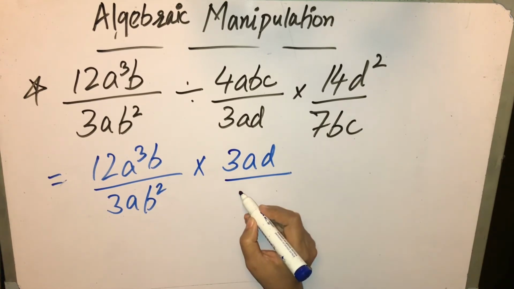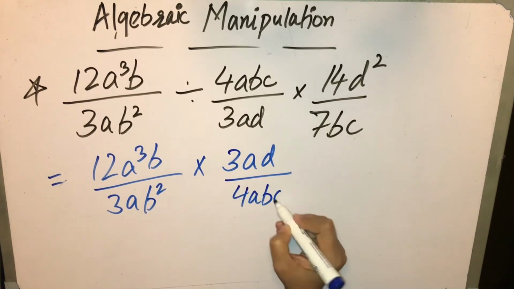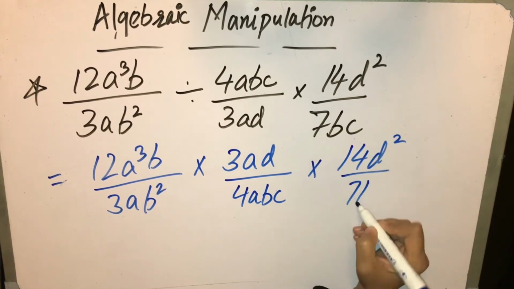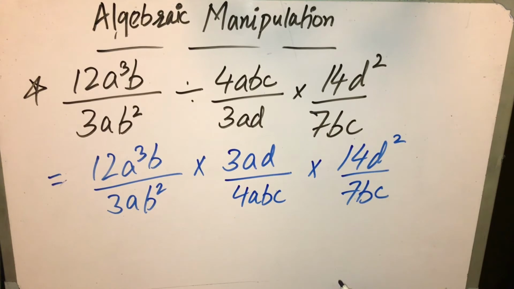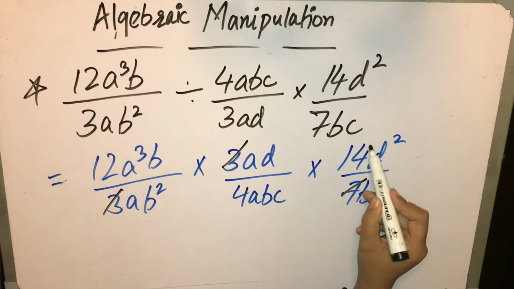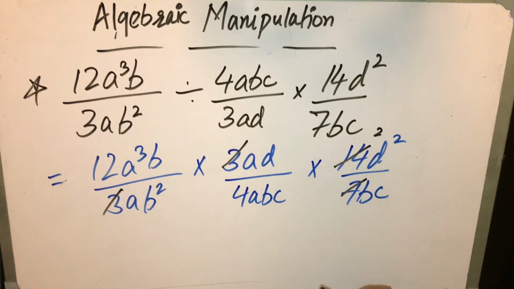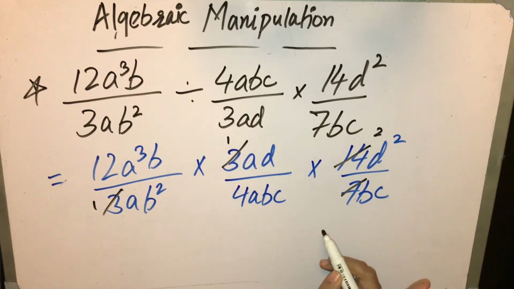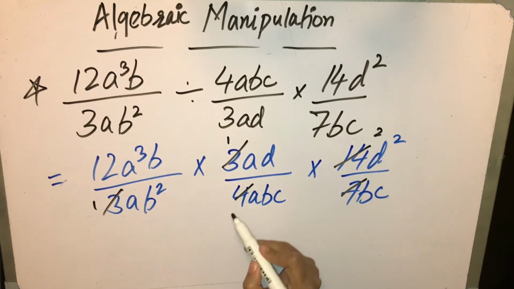It will become 3ad over 4abc, and 14d square over 7bc will remain the same. Okay, we can cancel this 3 with 3 and we can cancel this 7 with 14. 7 2 times is 14. Notice we can cancel one numerator with one denominator in one step or at one time.